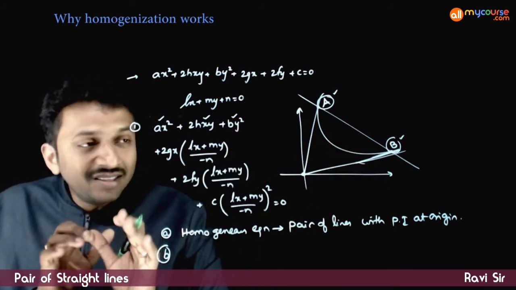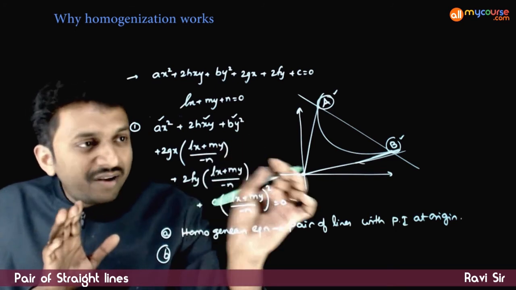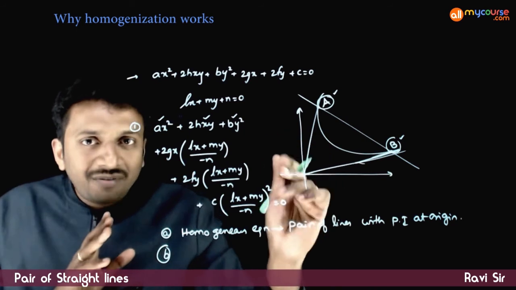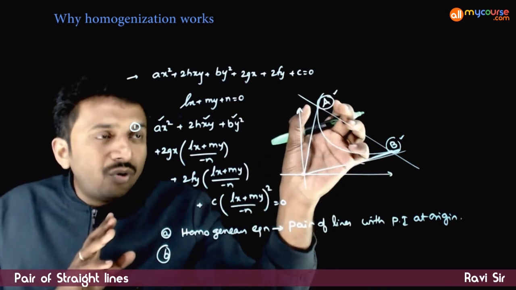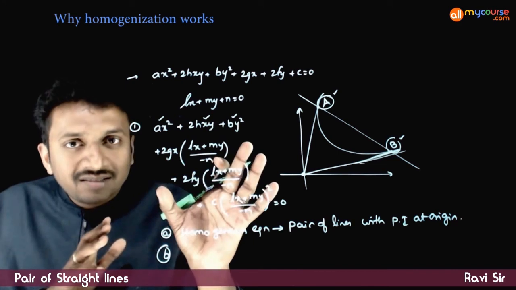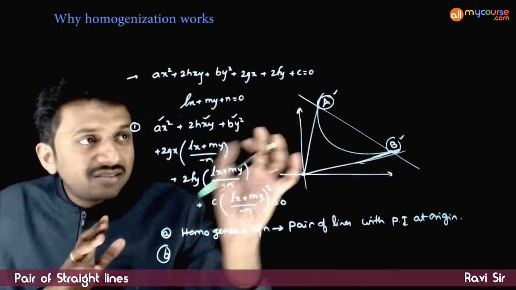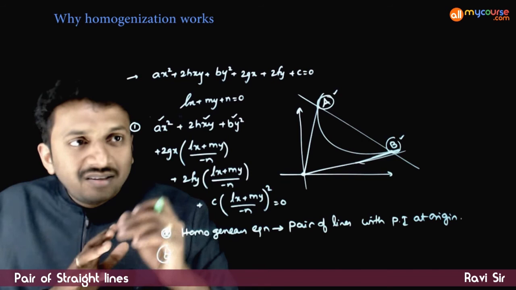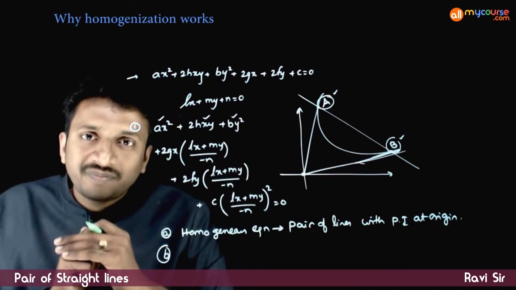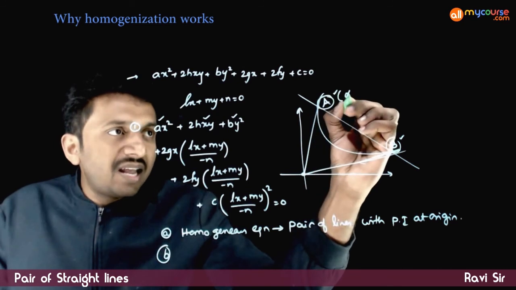Because we have already seen that this represents a pair of lines through the origin. Now if you arbitrarily draw any pair of lines, they won't be satisfied by A and B. So if this pair of lines satisfies these points A and B, then this equation has to represent this pair of lines.